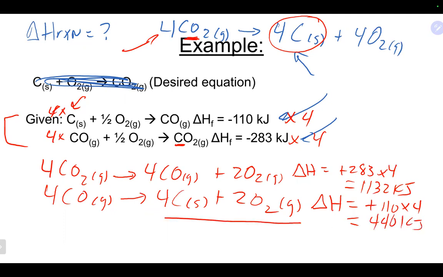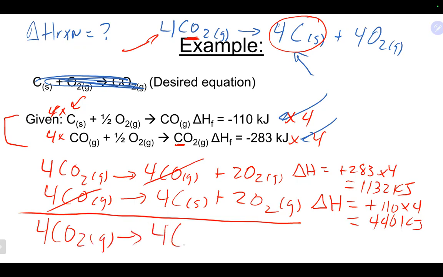All right, so if I did this right, I'm hoping this will cancel. And I think that will be it. That will leave us 4 CO2 on the right-hand side of the arrow, 4 carbons, and 2 and 2 gives us 4 of the oxygens.